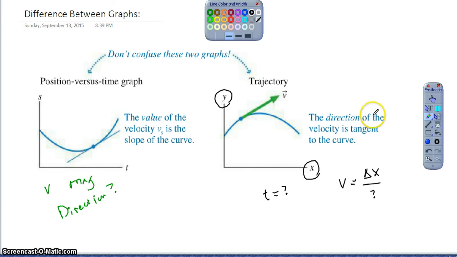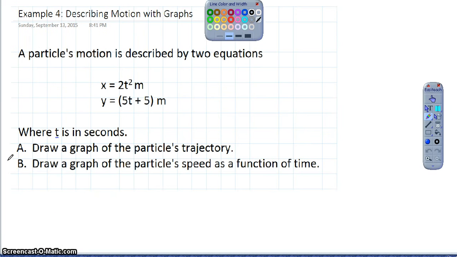So this one tells me what direction the object is moving, but it doesn't tell me how strong the velocity actually is, whereas this one can tell me how strong the velocity is, but I don't necessarily have a full picture of the direction. So in a sense, these are both giving me glimpses of the motion, but neither one by itself tells me the entire motion, right? There's got to be more to it for me to figure out what this object is actually doing. But anyway, we'll get some practice with these graphs as we move into this section.